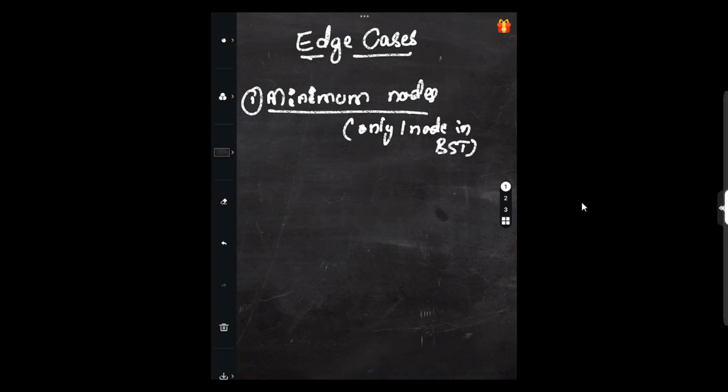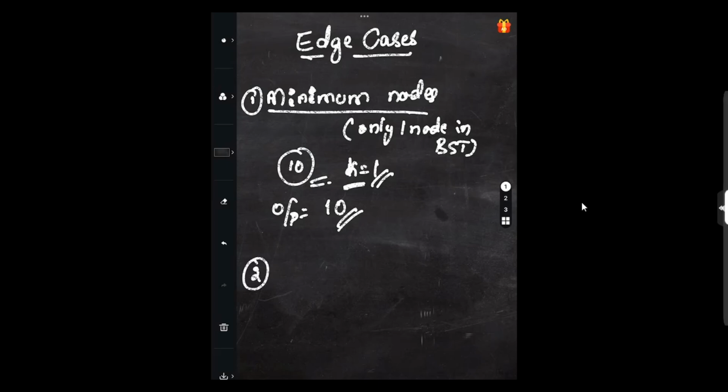Let me consider here 10. This will be the root node, right? Suppose k equals 1 is given, the output will be 10 in this case. We have only one element, so when k is 1, the output will obviously be only 10. I hope this is clear. This is for the condition minimum nodes, only one node in the BST.